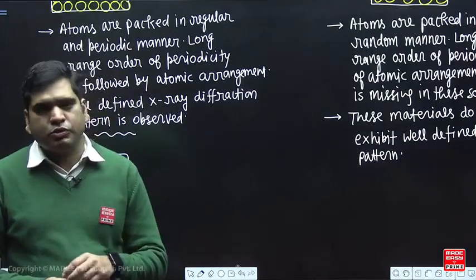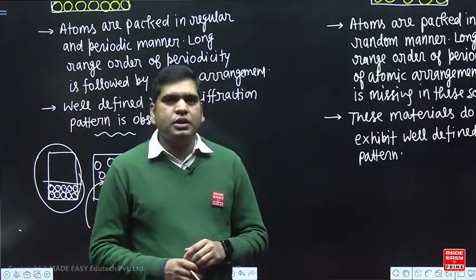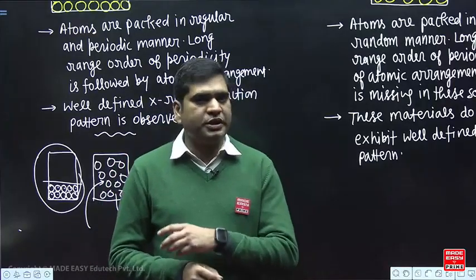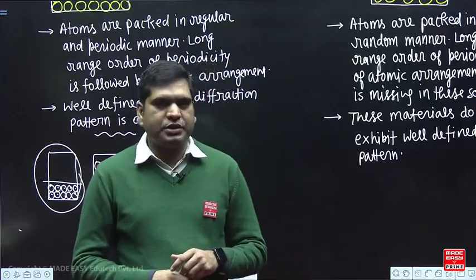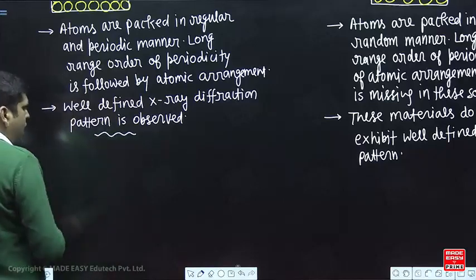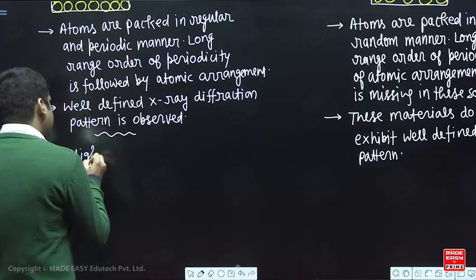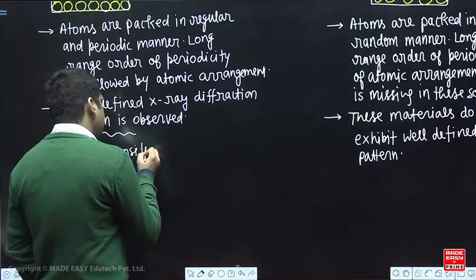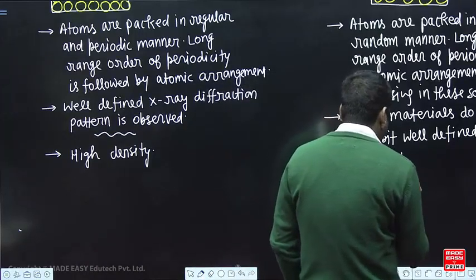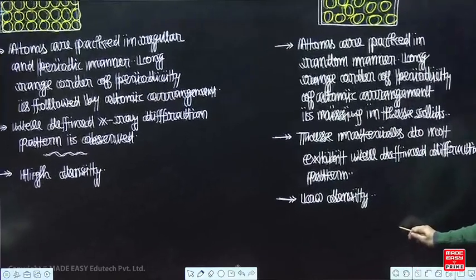Whereas, because of the random filling of atoms, lots of space may remain unutilized. So, mass per unit volume cannot be as high as in the crystallographic case. This is the reason crystalline solids generally exhibit high density, whereas non-crystalline solids exhibit low density. So, it is high density and it is low density.